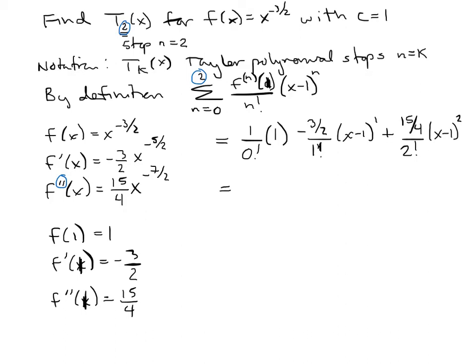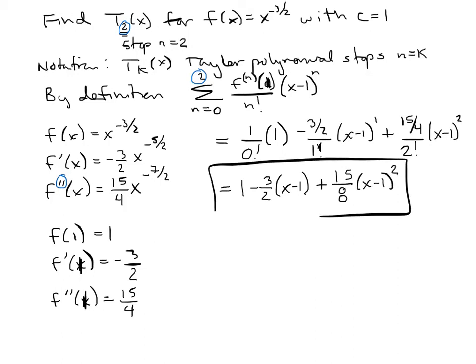So the Taylor polynomial is going to be 1 minus 3/2 times x minus 1 plus, 2 factorial is 2, 2 times 4 is 8, so plus 15/8 times x minus 1 squared. So there's the Taylor polynomial for that function.